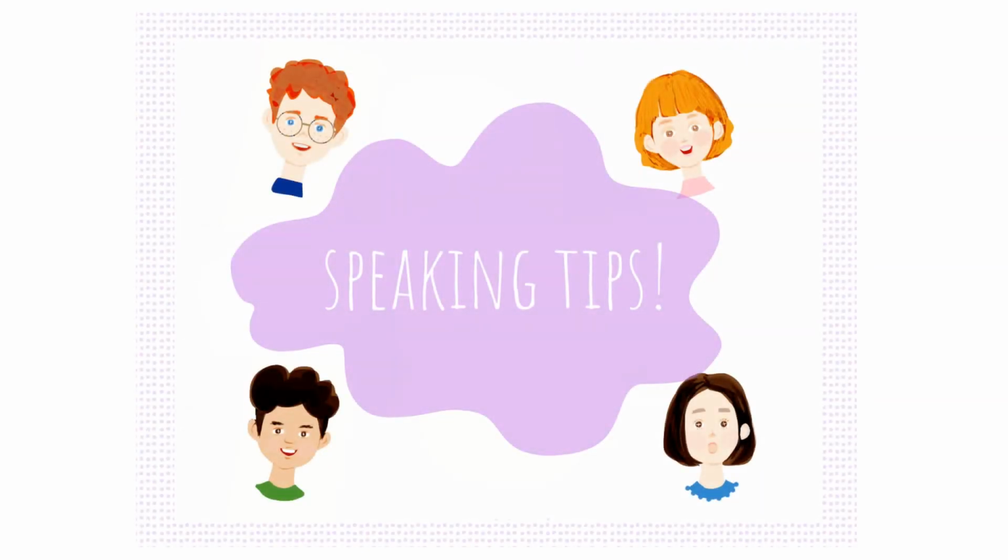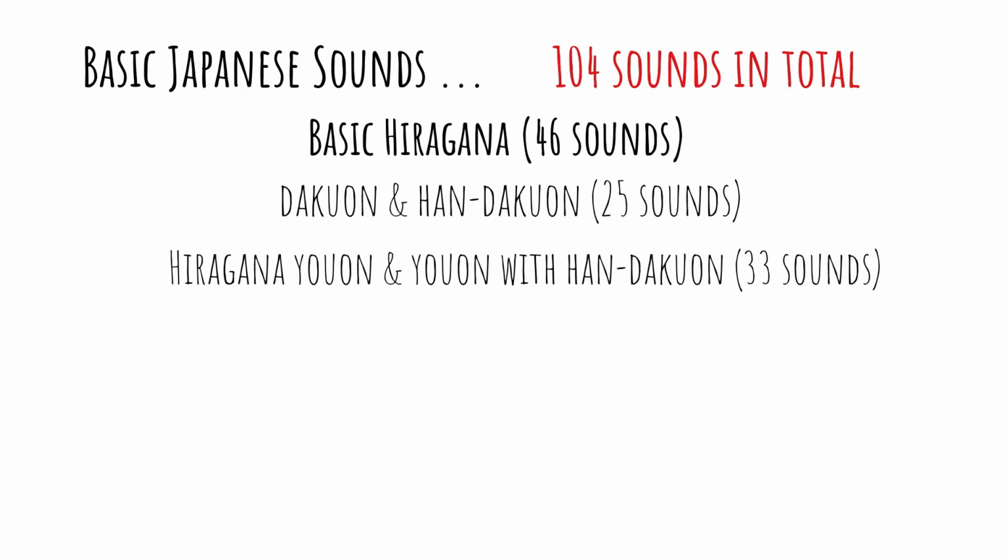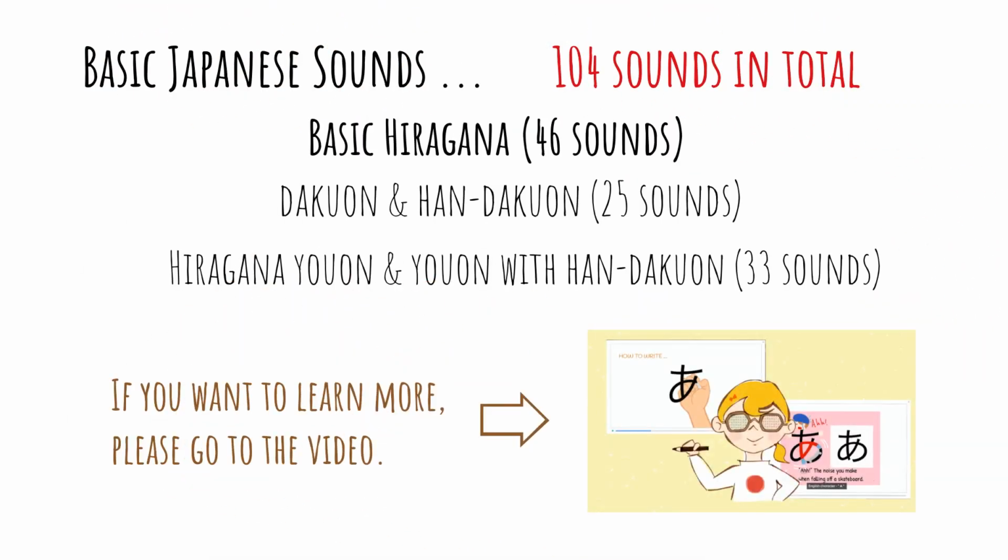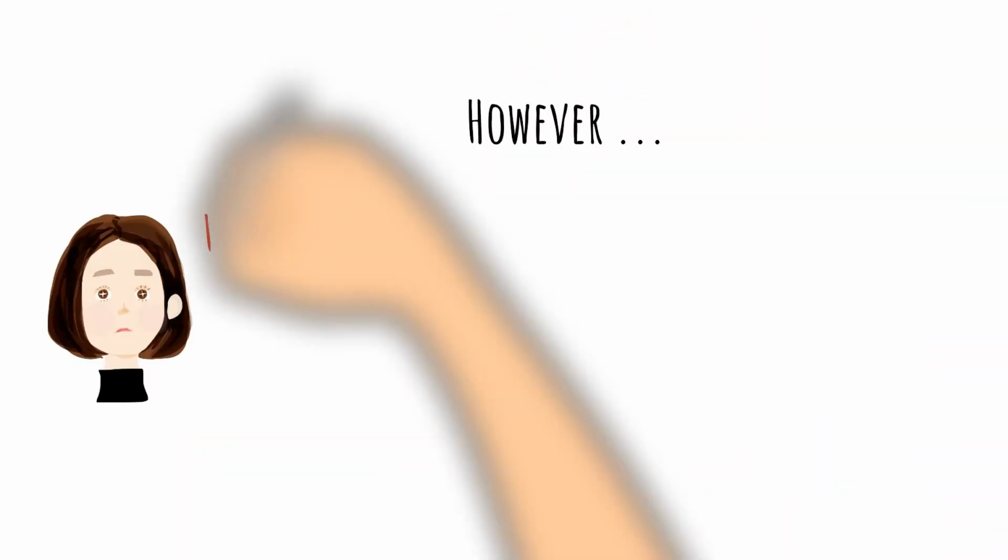Speaking tips. I would also like to introduce you to some speaking tips before we proceed to the main lessons. As you might know, Japanese has 46 hiragana characters. It is relatively easy for English speakers to pronounce them.